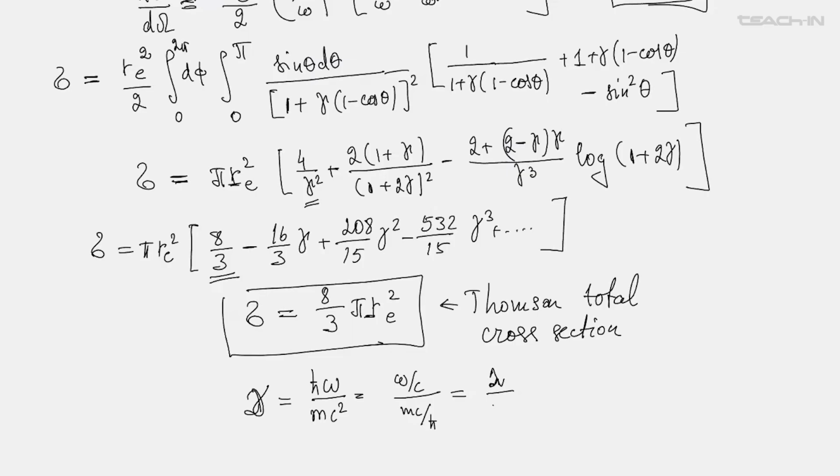And so you see that gamma is small if lambda is much less than lambda Compton. And when lambda becomes comparable to lambda Compton, it means that effects of quantum field theory are no longer negligible. So when the wavelength of the incoming photon becomes comparable to the Compton wavelength, gamma is no longer small, and quantum corrections become very visible.